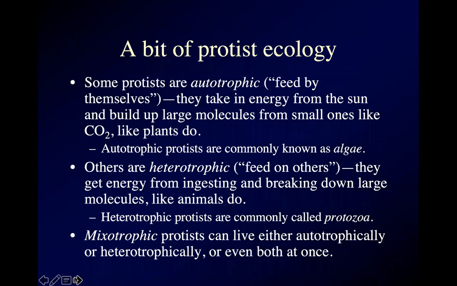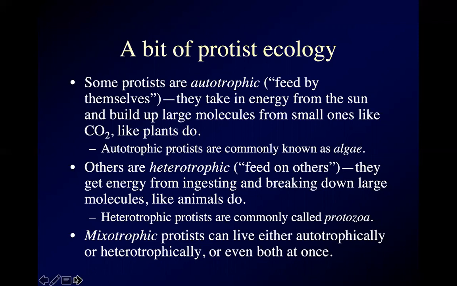Okay, protists have a ridiculously large number of ways of making a living. Some protists take in solar energy and small molecules, water and carbon dioxide gas, which is just one atom of carbon stuck to two oxygens, and water, which is of course H2O, and a few other things, and use that solar energy to build up much larger molecules.